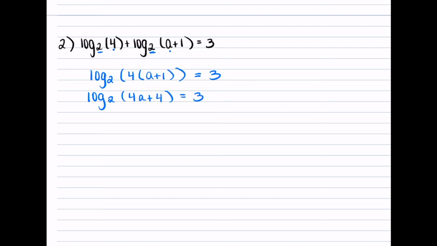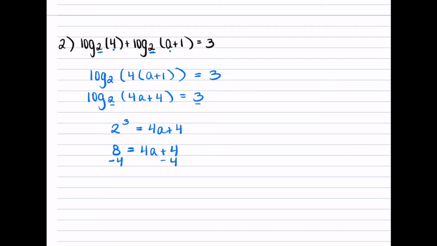Now strategy 1 tells us that we can just change this into an exponential form. So to do that, we could start with base 2 exponent 3 equals 4a plus 4. So 2 to the third is 2 times 2 times 2. That is 8 equals 4a plus 4.